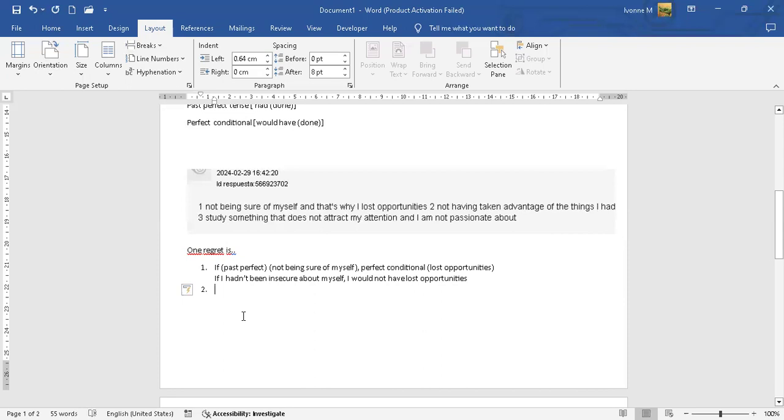So let's say in the first part, the if part, which is the past perfect part, we are going to express not having taken advantage.